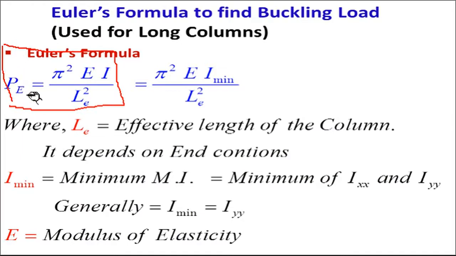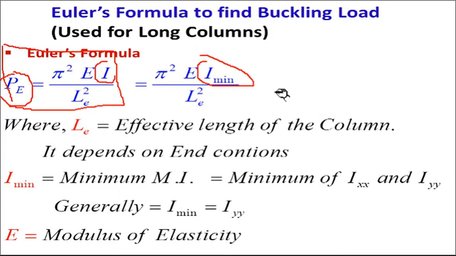So it can be defined by many terms: critical buckling load, Euler's buckling load, or the maximum load carried by the column. The formula is PE equal to pi square EI upon L square, where this I must be I minimum. That's why I have written here I minimum.